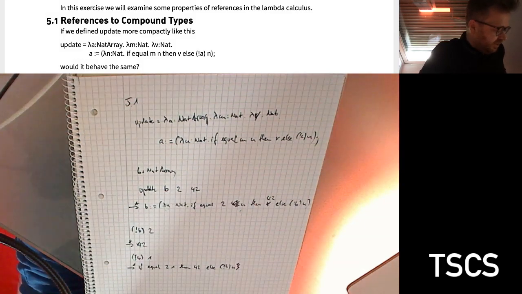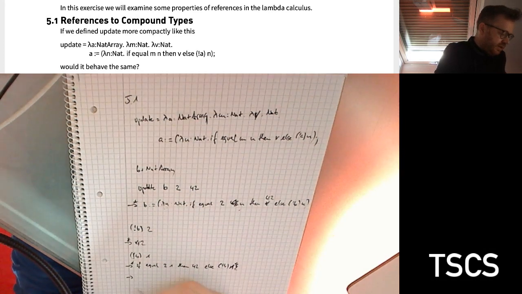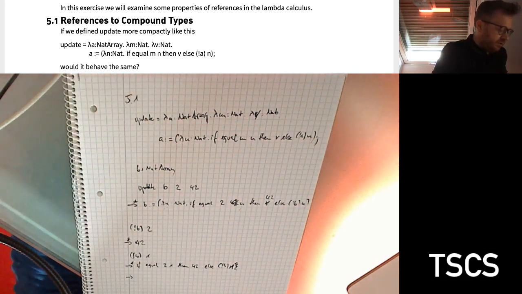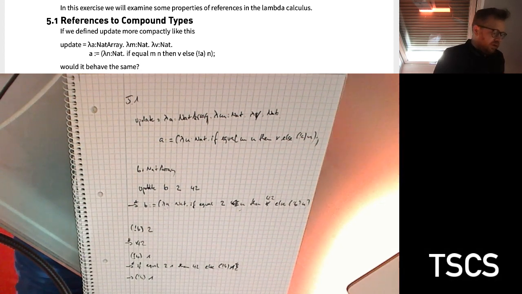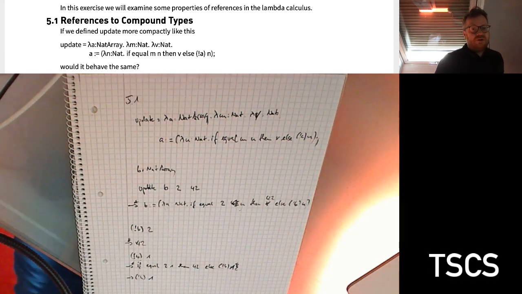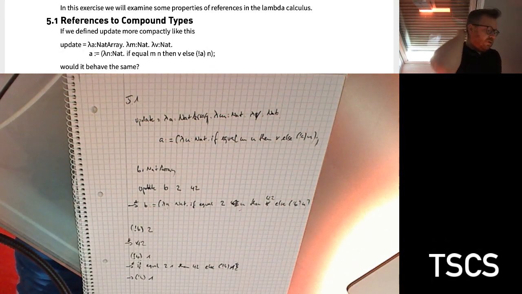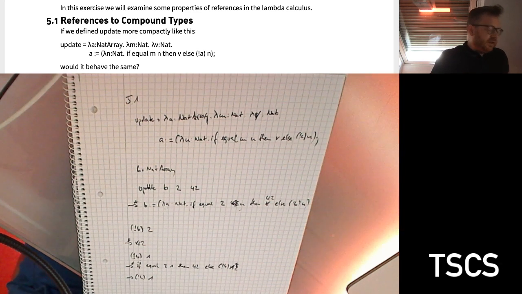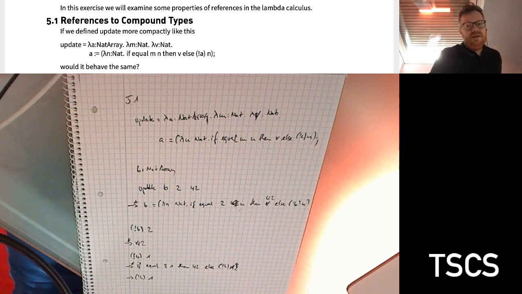And there you see it. You get to the else branch and n would be 1. And then this would evaluate in one step actually to dereference b 1, which was the original term that you started with. And this of course would diverge. Now you would get an infinite loop, so to say, and you wouldn't come to any conclusion at some point. So this update functionality does not work.